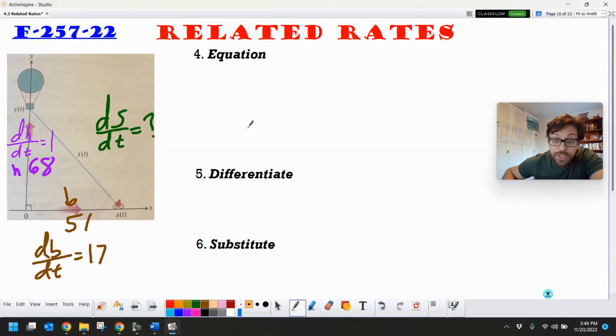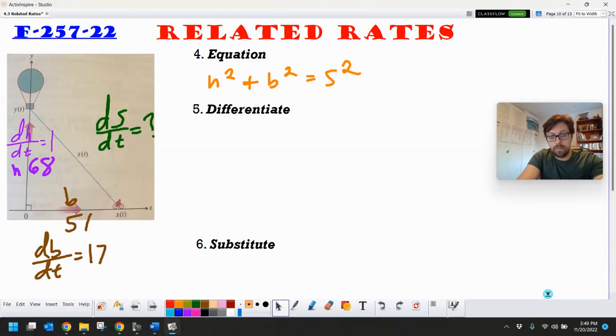Transferring my information over, I can tell I need to set up an equation for this. This thing screams right triangle to me, so I'm going to set up a right triangle, Pythagorean theorem thing. I'm going to keep all of these variables because I don't really want to convert any of them into a constant yet, because if I do, then that's going to lock the balloon and it won't grow anymore, and it's going to lock the bike in place and it won't move anymore.